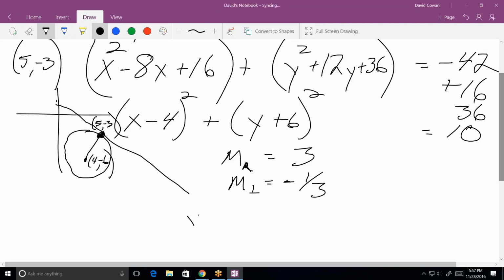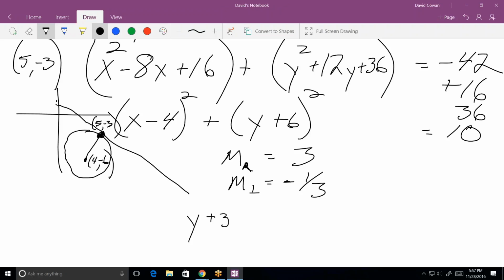Y minus... oh, sorry, the y is the second. So it would be y plus 3 equals negative 1/3 times x minus 5.